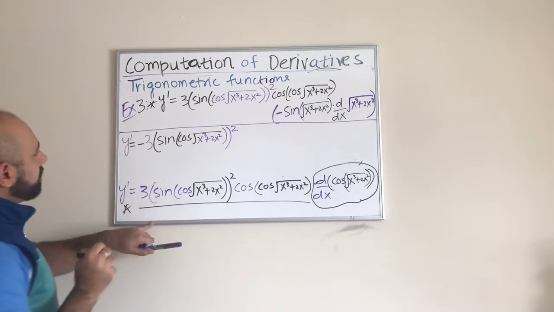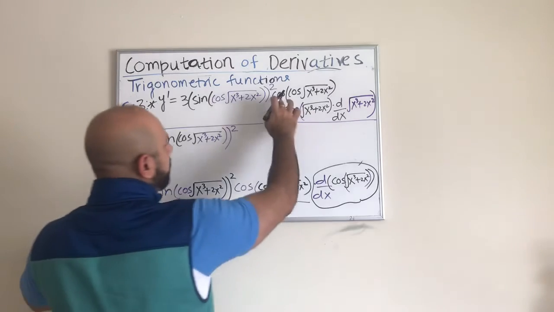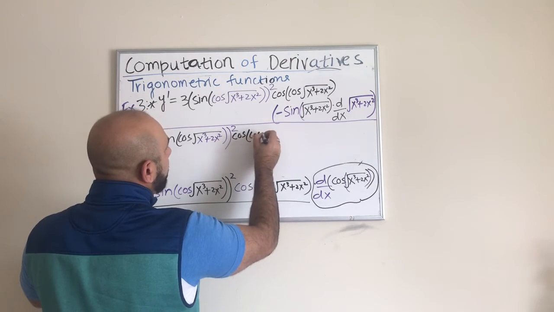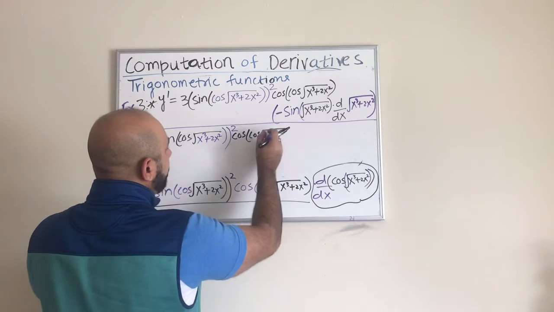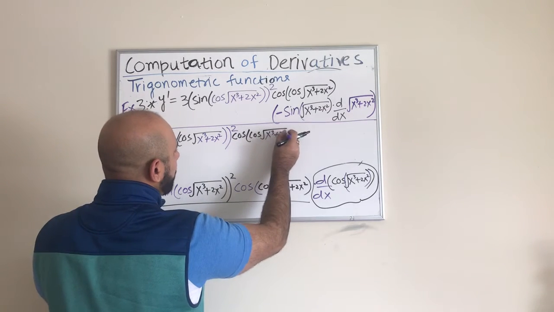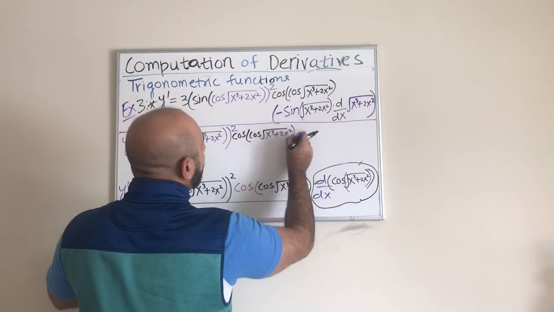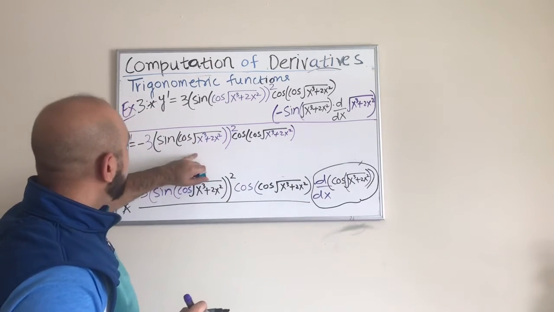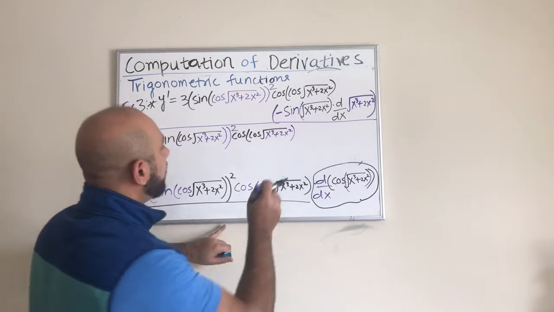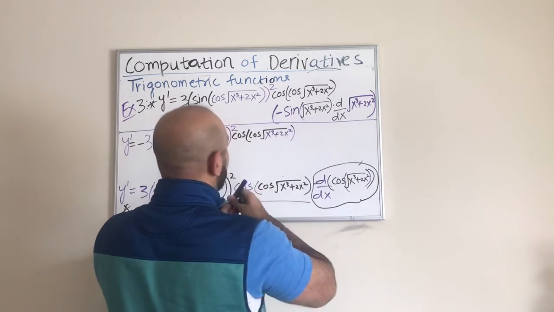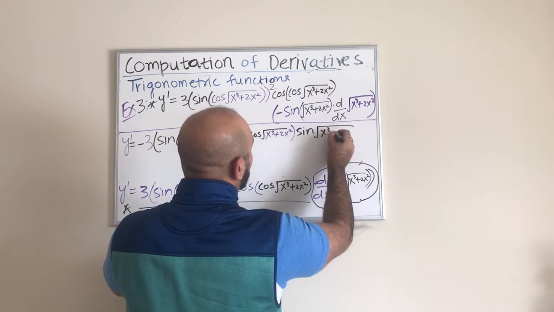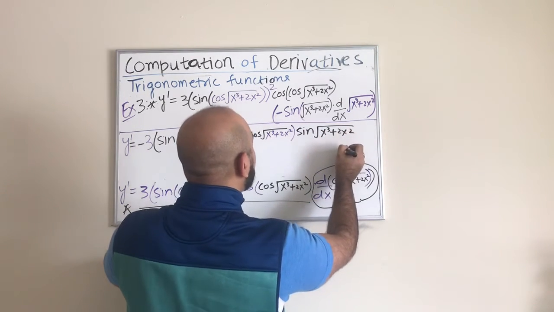So it's going to be negative 3 right here, and then I'm just going to write the rest of the terms. Cosine of radical x cubed plus 2x squared, close that, right? This term is negative 3 times this term times this cosine of this whole thing, and then the next term is sine of radical of x cubed plus 2x squared, right?